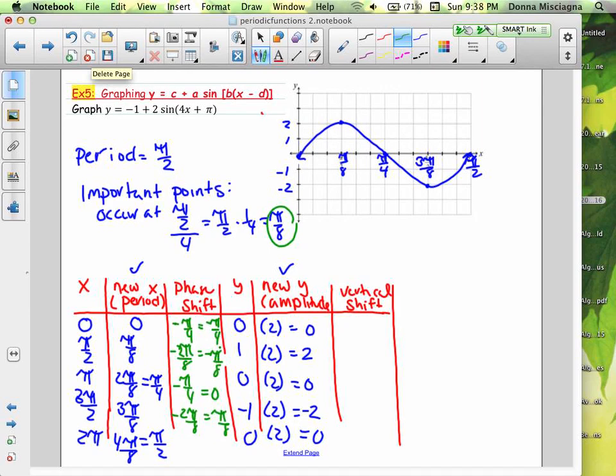So 4 pi eighths minus pi fourths is what we're doing, and it's going to give us pi fourths, or 2 pi eighths. Oops. Now I went to write 2 pi eighths instead of pi fourths. All right, so that's going to be our x values. We've just subtracted pi fourths from all of our values from the period change. Right?